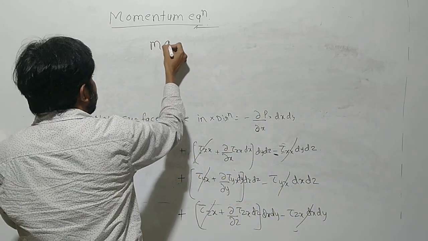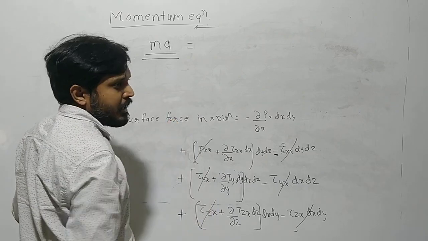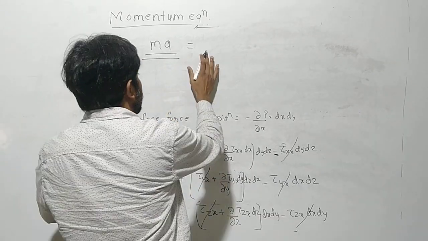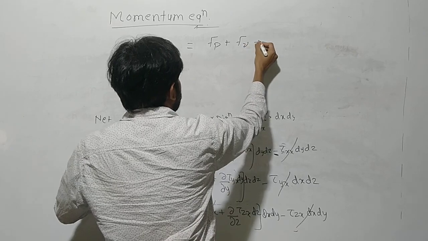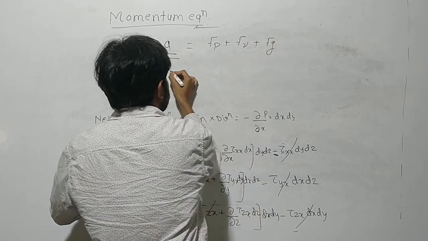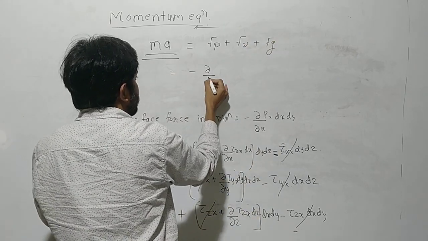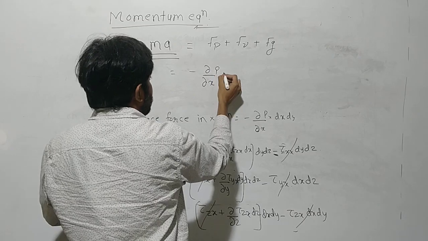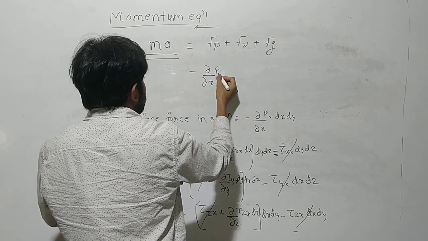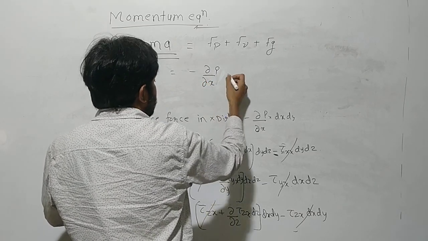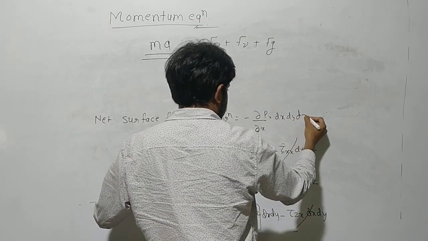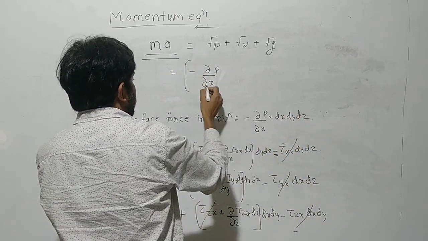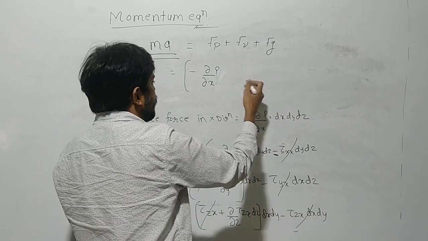This is our inertia force. I have previously explained, mass into acceleration. It is equal to what? Pressure force, viscous force, gravity force. What is the pressure force? Net pressure force, minus del p by del x, dx dy dz will be common. Everywhere I have to write this, so I will take dx dy dz common.